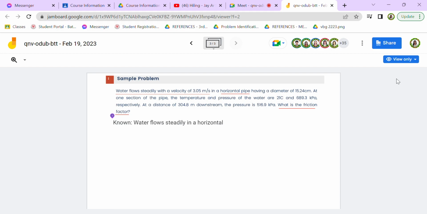Given din yung diameter ng pipe. Pati yung pressure at both ends is also given. The length ng pipe is given din. Binigay siya using at a distance of 304.8 meters. So yun lang gagamitin natin dito itong constant or figure, the 304.8 meter.